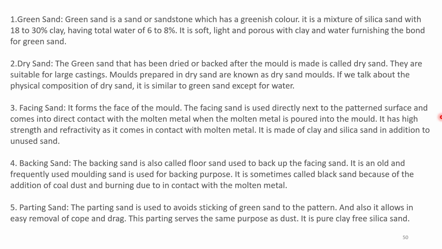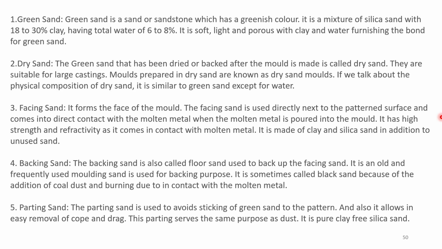Next you have dry sand. It is the green sand that has been dried or baked after the mold is made and is called dry sand. Dry sand is suitable for large castings, and the molds prepared in dry sand are known as dry sand molds.